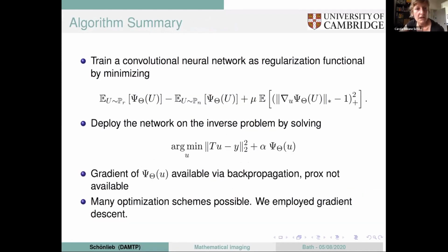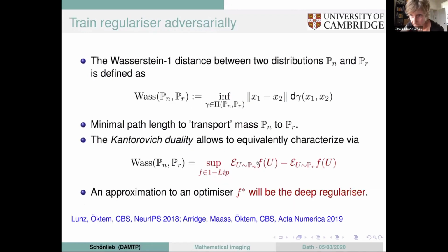So the summary is now, this is again written down, the loss function. The only difference is that instead of F, I've now taken psi theta as my notation for the neural network, because it's something that depends on parameters theta.